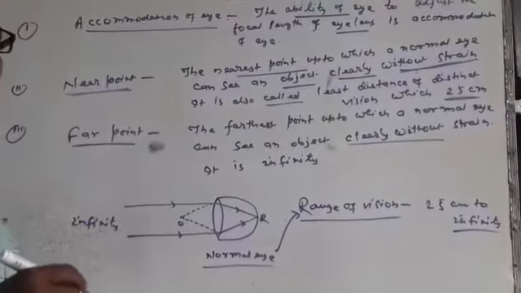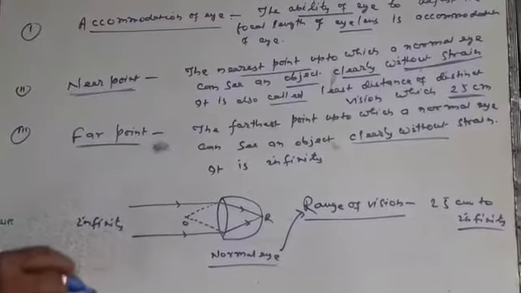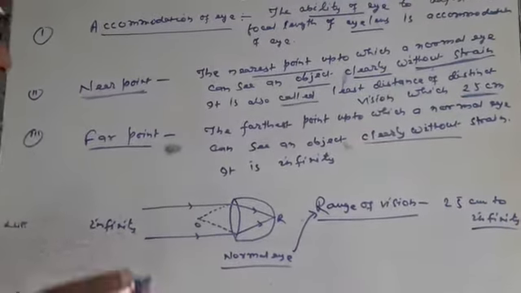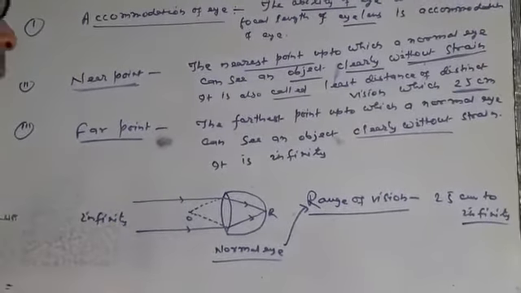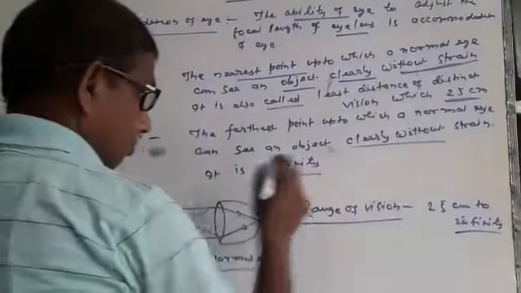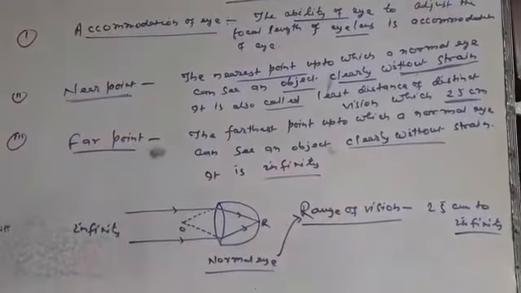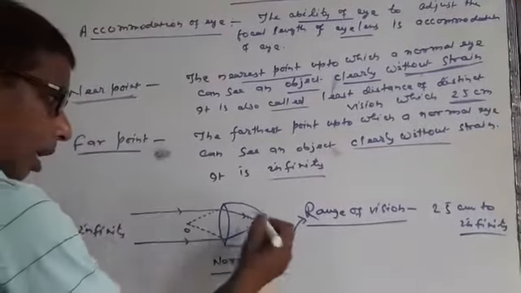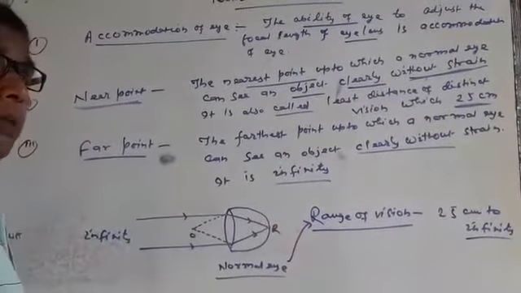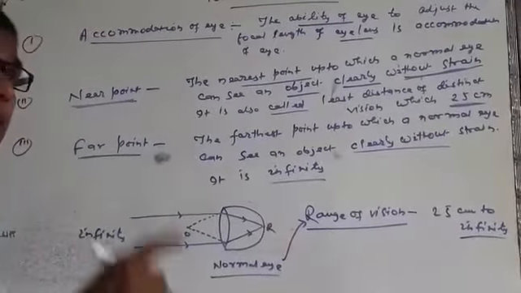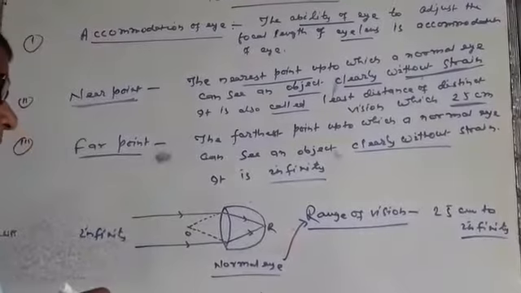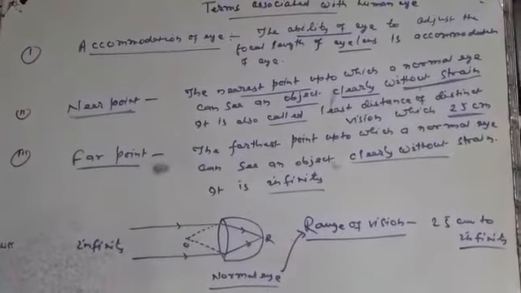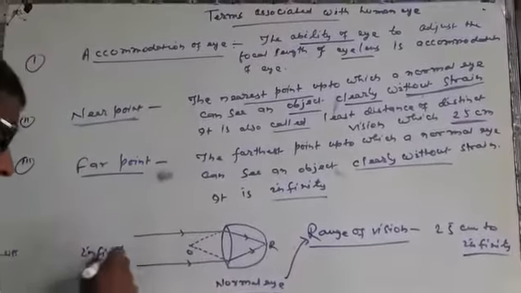It may also be different for different age groups and different people. It is infinity. This means a normal eye can see the object clearly. This means the image of the object is formed on the retina, and the normal eye can see an object kept at infinity clearly.